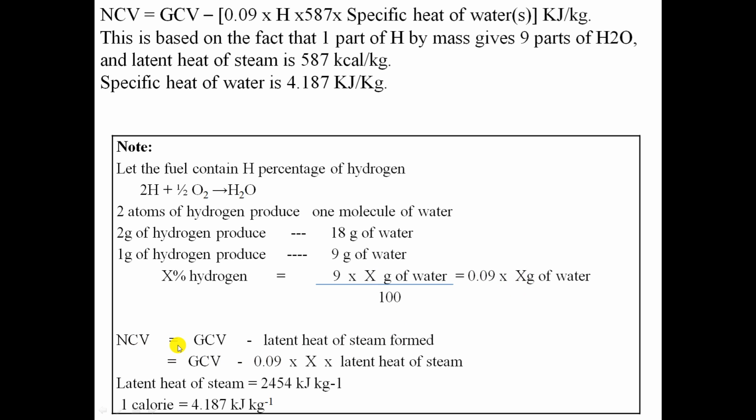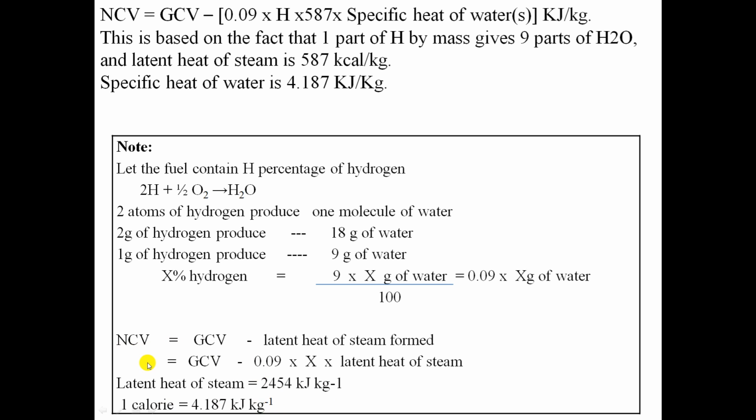Therefore, NCV is equal to GCV minus latent heat of steam formed. Therefore, NCV is equal to GCV minus 0.09 into percentage of hydrogen into latent heat of steam. And we know that latent heat of steam is equal to 2454 kilojoule per kg, and 1 calorie is equal to 4.187 joules.